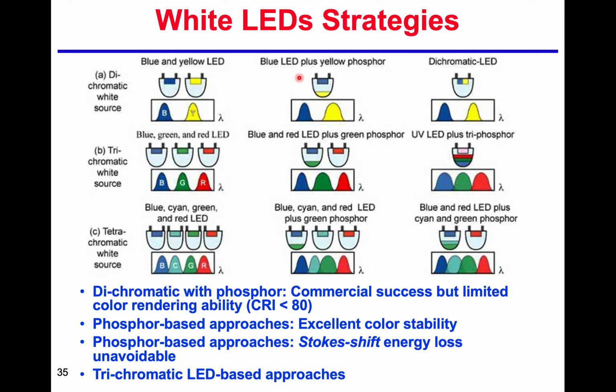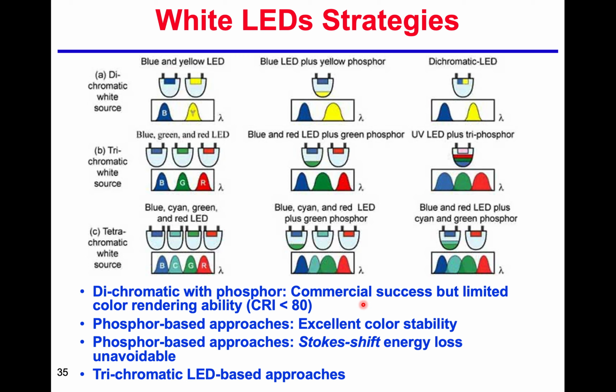I mean, it's the most common way to achieve white light. Also we can use RGB, of course. We can use 3 LEDs or use phosphor as well, and also use a UV LED. That's another approach. Also, we can use more than 3. At least 3 is good for the RGB, and we can put in another, cyan or so.